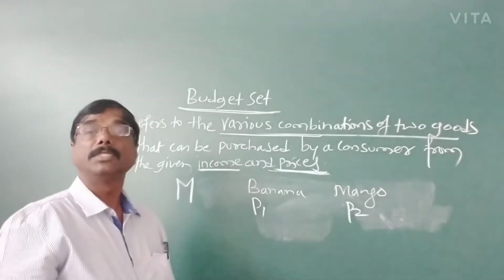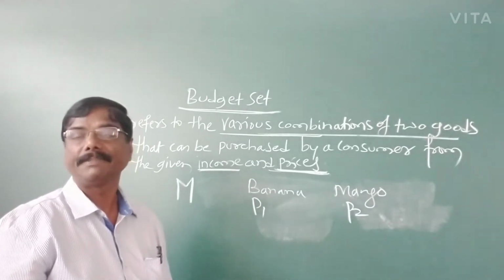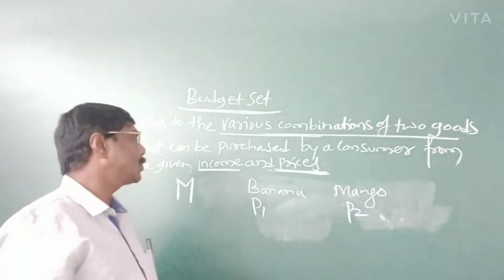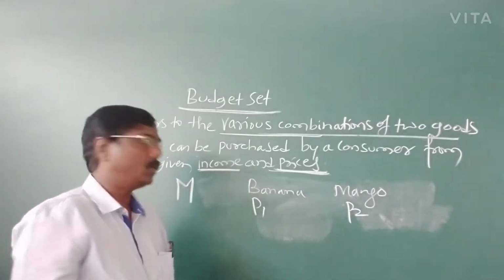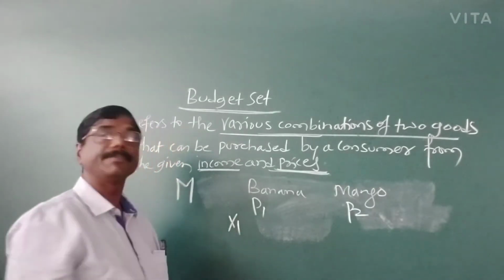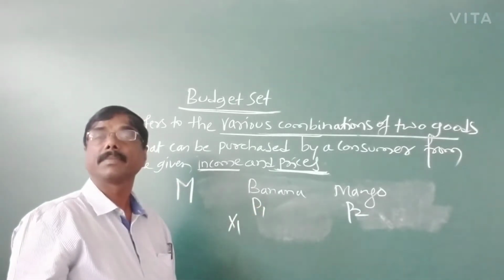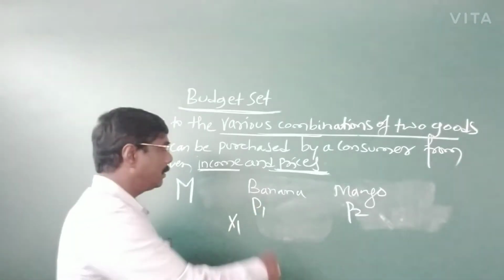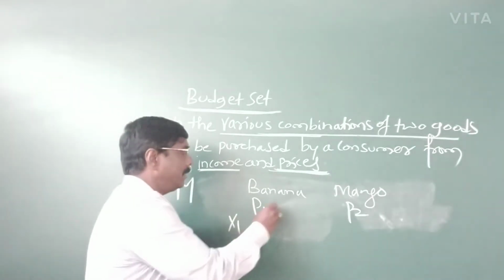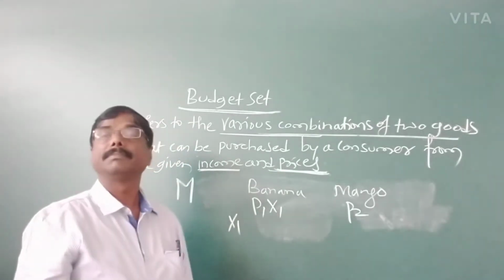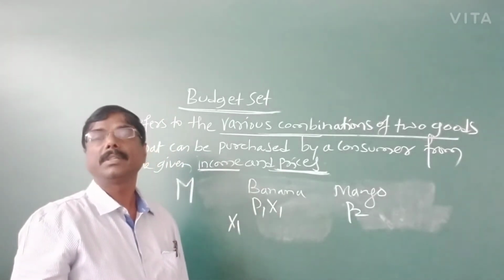The consumer wants to buy X1 quantity of banana, and he has to pay P1 X1.